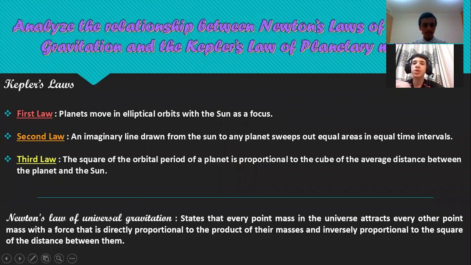Analyze the relationship between Newton's law of universal gravitation and Kepler's laws of planetary motion. Here are Kepler's three laws.